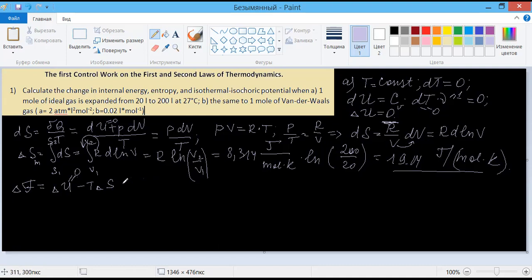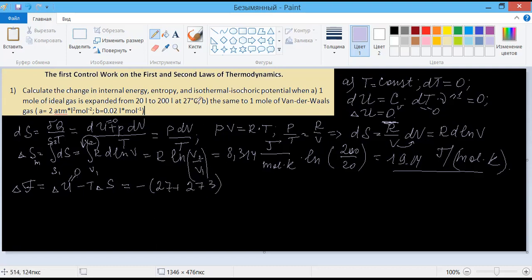And that means that we got minus 27 plus 273.